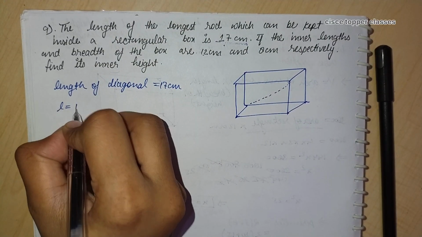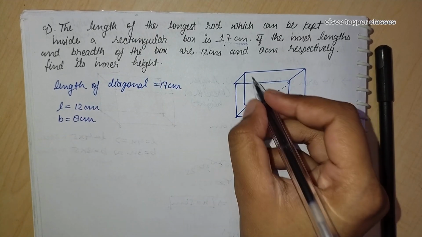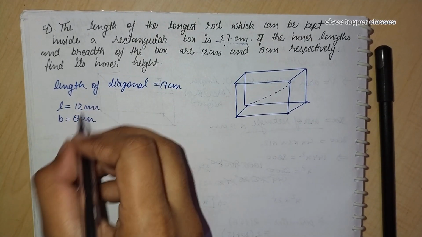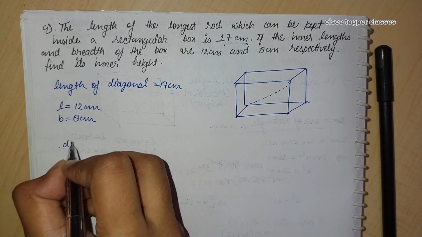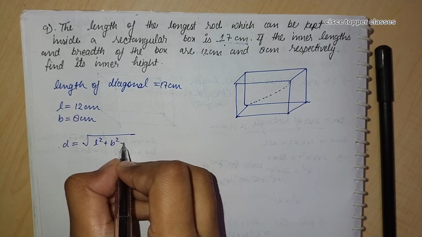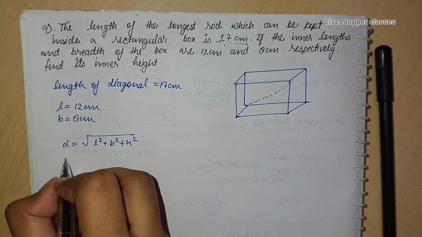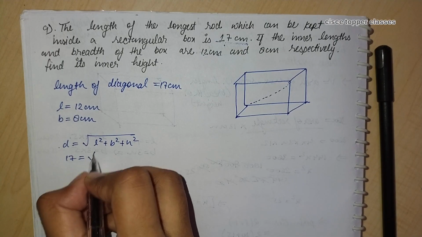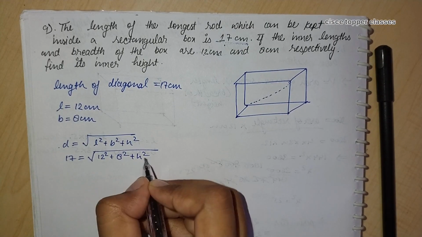Now, the length of this box is given to us as 12 centimeter and breadth as 8 centimeter. So we have to find the height of this box. We know the formula for diagonal: diagonal is equal to under root length square plus breadth square plus height square. From that we can find the height. So we put the value of diagonal as 17, under root 12 square plus 8 square plus h square.